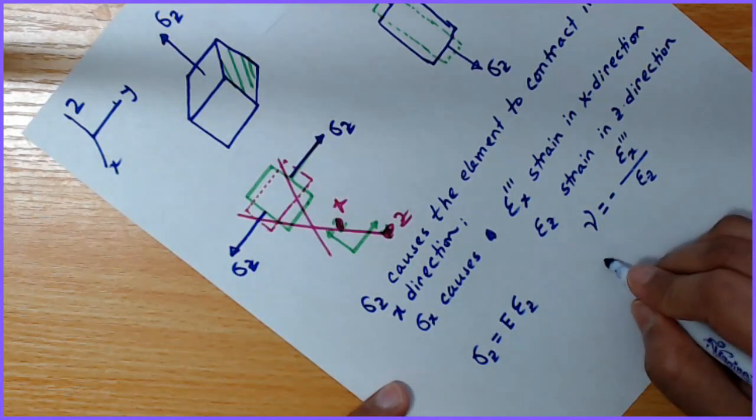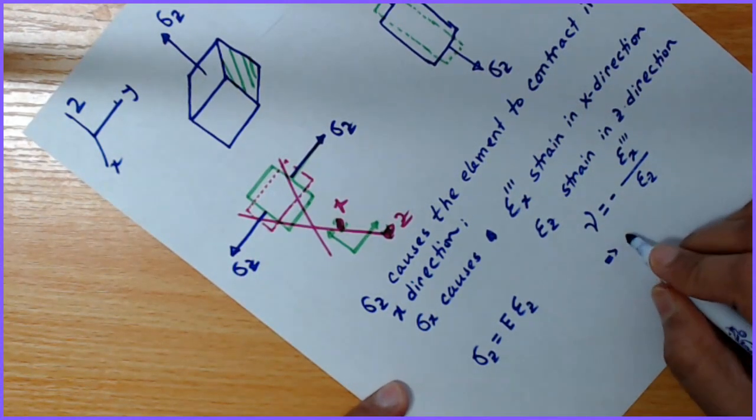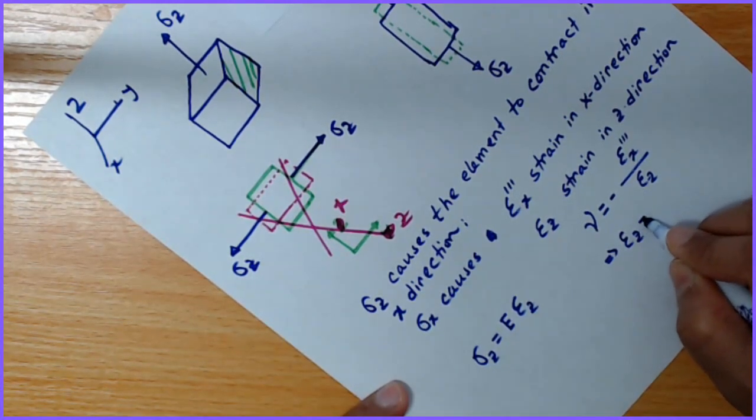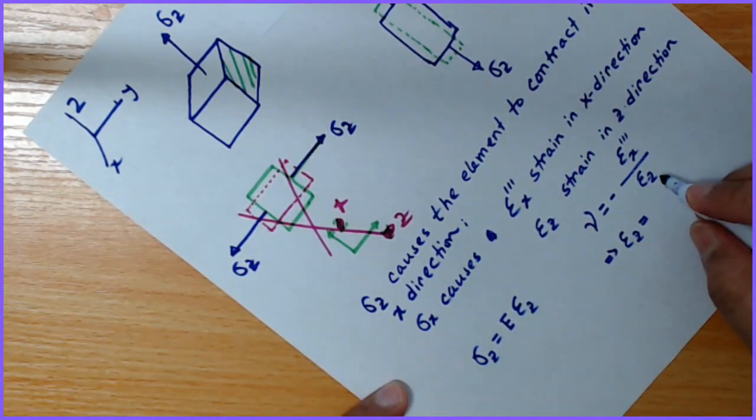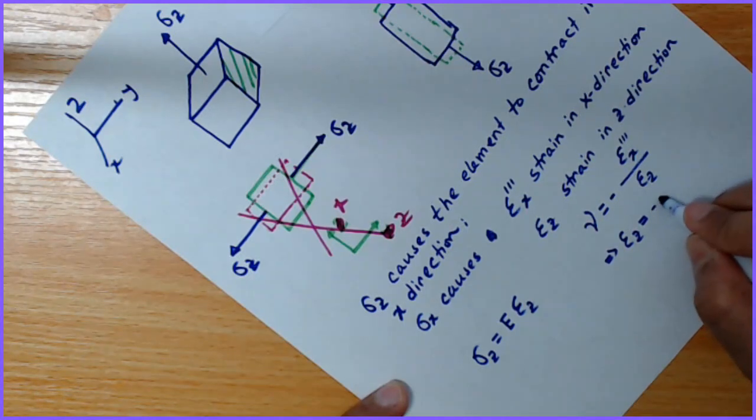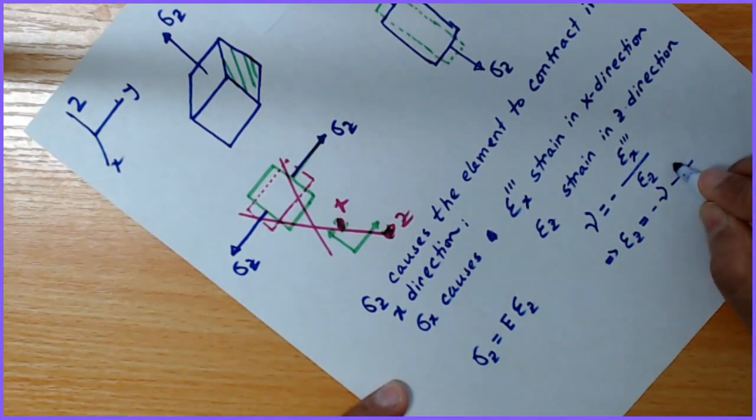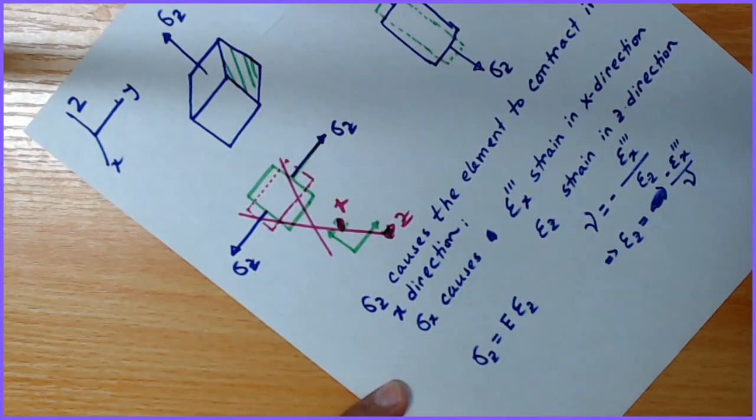So if I rewrite this, I can write epsilon z equal to minus epsilon triple prime x by nu.